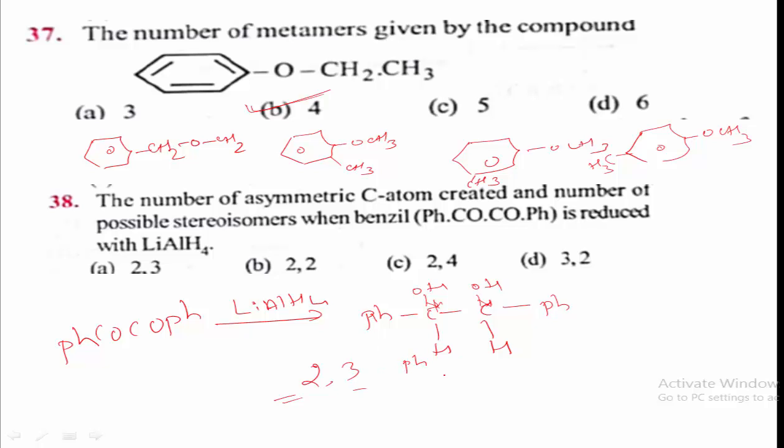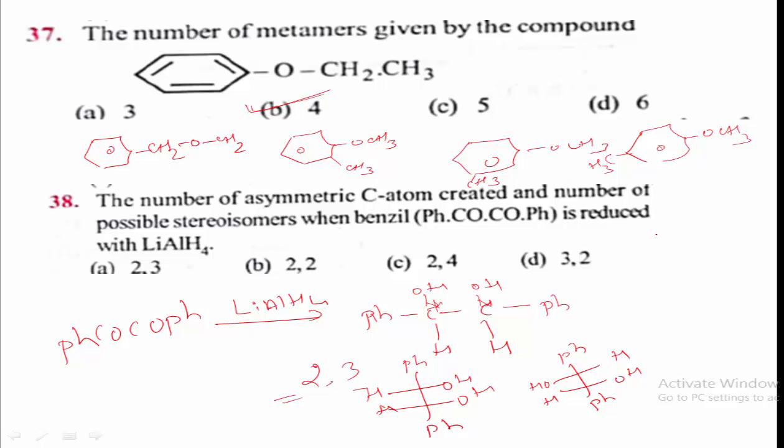I write Ph, and here H, OH, here H, OH, and here Ph. This is one structure, and another structure: Ph, here I write OH, and here H, here H, OH, here Ph.